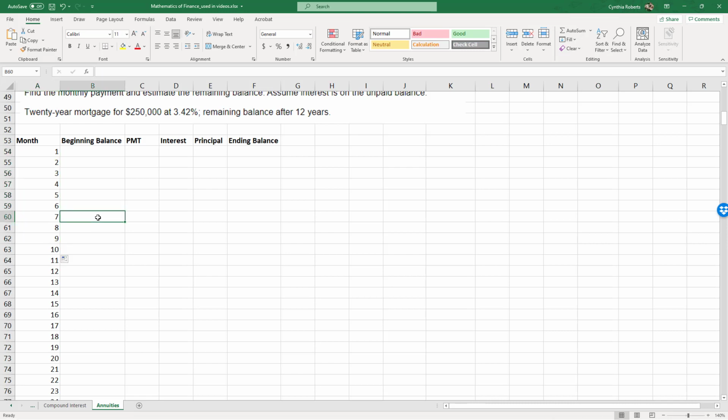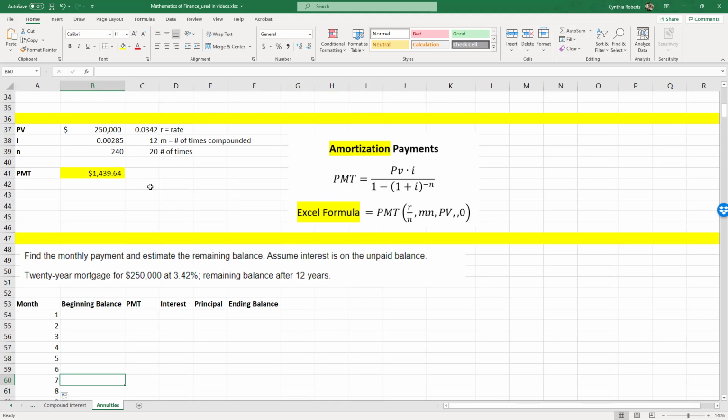Well, all I really need in this problem, you could say I need 240, but to be able to answer the remaining balance, I need 144. Why again do I need 144? Because I want to know after 12 years, and it's monthly, so 12 times 12 would be 144. So I want to make this a schedule that shows each month what is happening.